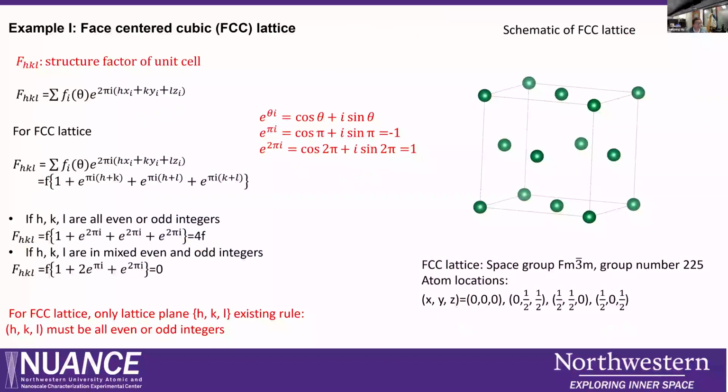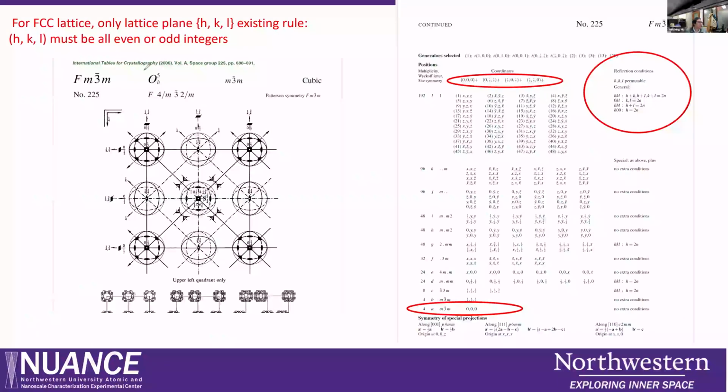Now let me give you another example. How do you use this? You can check the International Tables. For the FCC lattice, the HKL plane existence rule is that they must be all even or all odd. For FCC, the space group is 225, and in the table you can see there are 4 atoms, with the original location from 0.